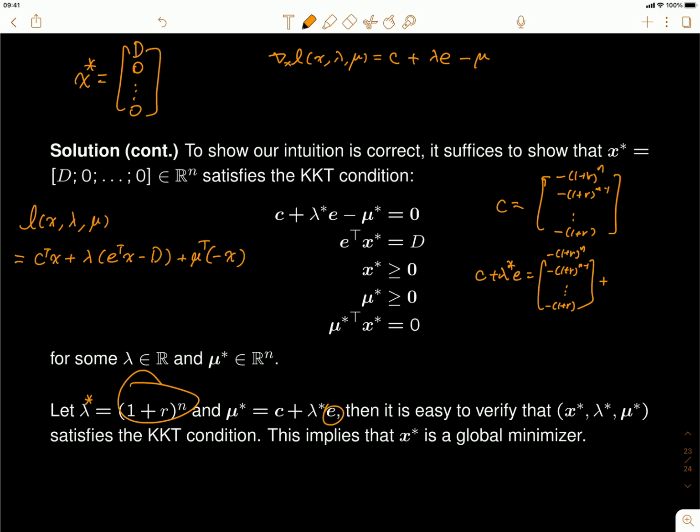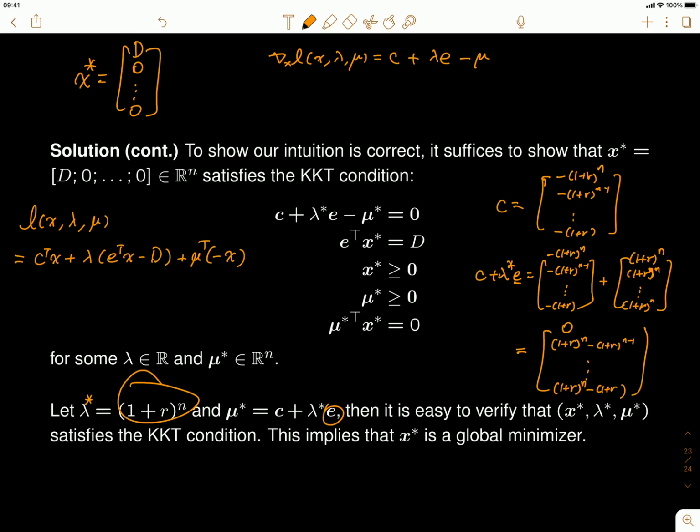And e here is just 1, so that means I'm going to add up 1 plus r to the power n for each term, because this is the same constant multiplied to each term, and each term is 1. So that's why I end up with that. Apparently, the first components add up to 0. The second components add up to 1 plus r to the power n minus 1 plus r to the power n minus 1, and all the way to the last one, which is just 1 plus r to the power n minus 1 plus r. So only the first component is 0, the others are non-zero.